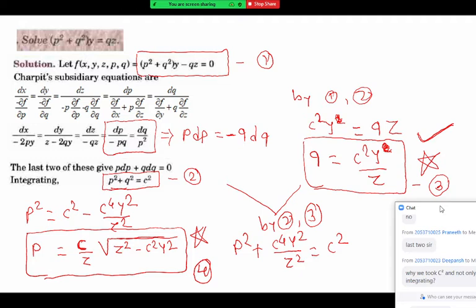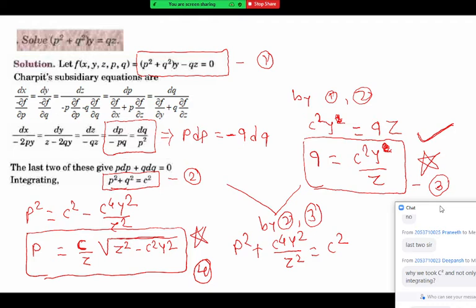You can take only c, you can take c square, you can take k, you can take a. The constant can be anything. These constants are arbitrary, and you can play with them and write any notation for them. After integration, we take the constant of integration as c square here.